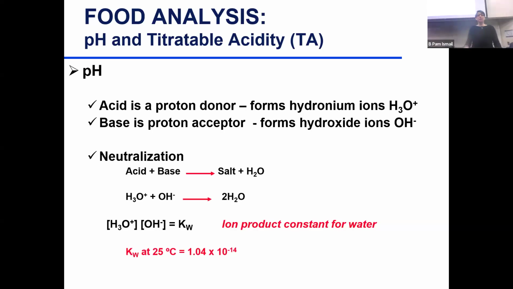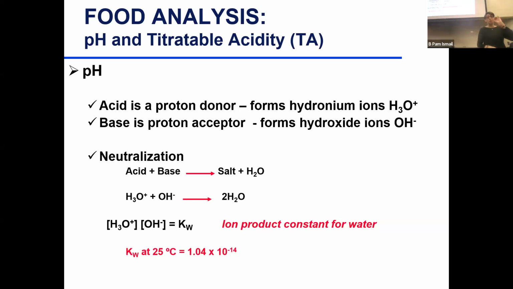So these are a few concepts that you want to remember when we talk about acid-base reactions. An acid is a proton donor, so it gives a proton. A base is a proton acceptor. The proton forms hydronium ion, and the base forms OH minus because it wants to take H plus, so it has a negative charge, and this one gives a proton which has a positive charge.